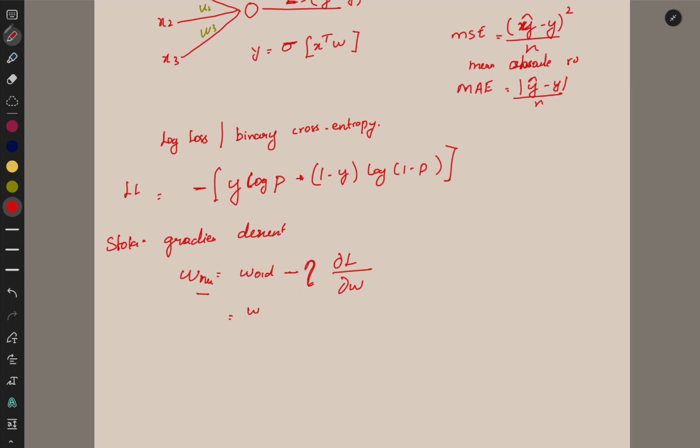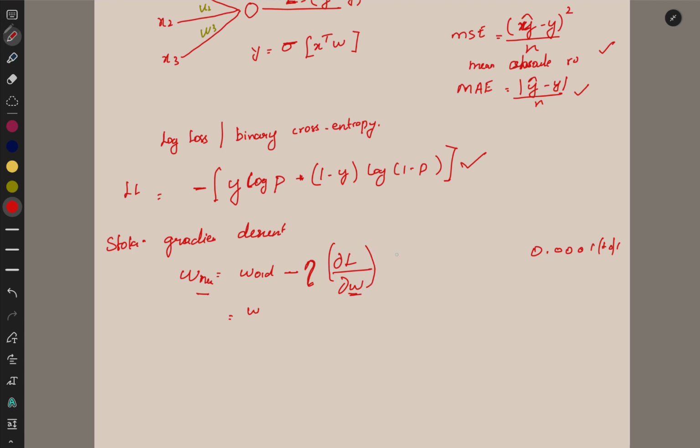It can be like 0.0001 or 0.01. You take the loss function, and you take its partial derivative with respect to the weights. We differentiate the loss function with respect to the weight, and we get one value.